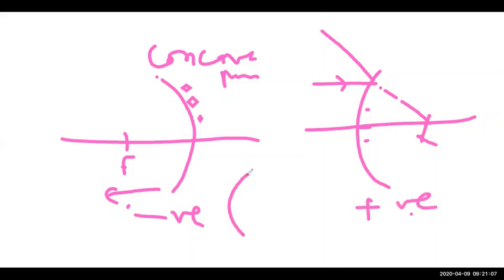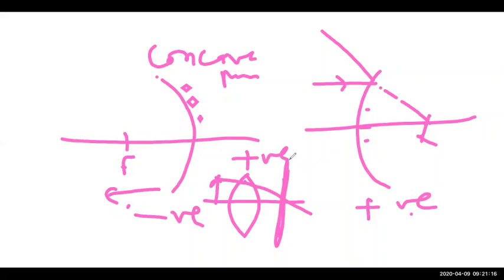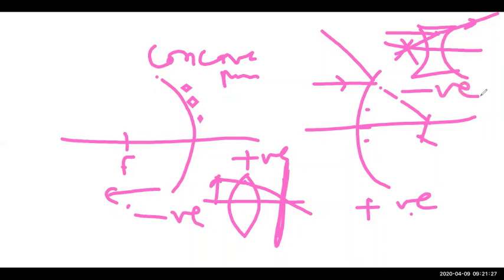And if you have a lens, then for a lens, if you are keeping your object here, it has to pass, you are using this side. That means this has positive focal length. And if you are using the concave lens, then this side is being refracted. So which side is being used? Negative side. So you can just see for a concave lens as well as for a concave mirror, we have to just take the negative, and here it will be positive.